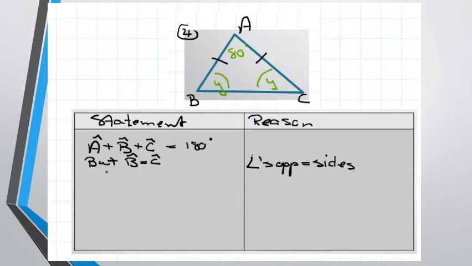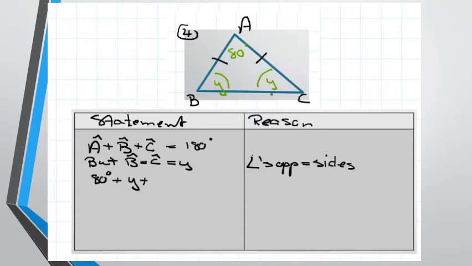Therefore, I'm going to substitute now, and I can also say that that's equal to y. So in the place of A, it is going to become 80 degrees. And then in the place of B, I'm going to write y plus.